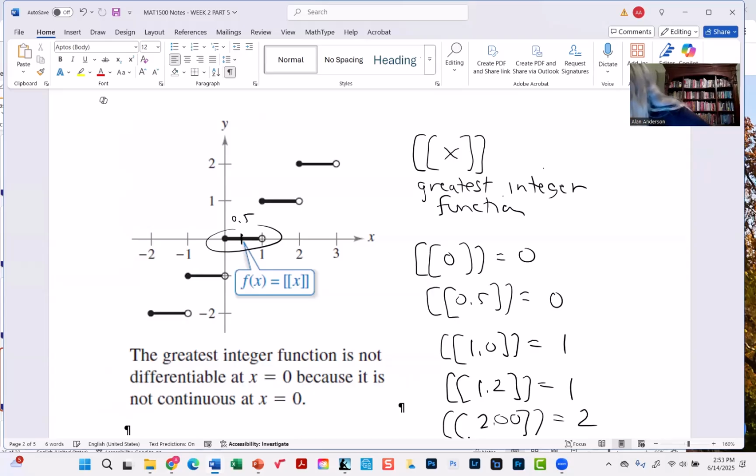Okay, so you notice there's these holes. And so this tells me that the solid circle here means that the function when x equals 0 is 0. And that's going to be the case all across this entire range of values until we get to 1 itself. And then it jumps up to 1. Okay.